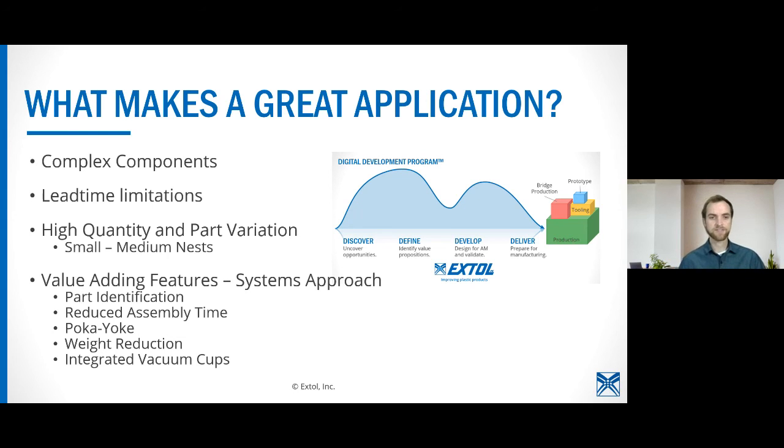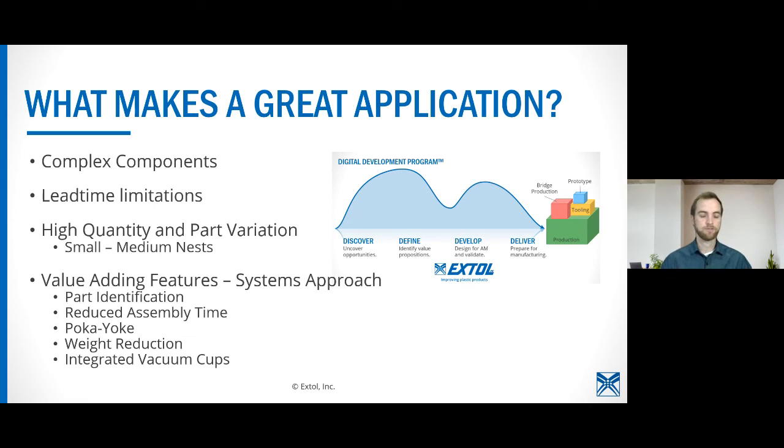So when we take a systems approach, looking at the overall application, taking a step back and being able to look for value-adding features that may not be used or be able to be produced traditionally. Part identification, what could we put into this part to reduce assembly time? So get rid of fasteners, say.